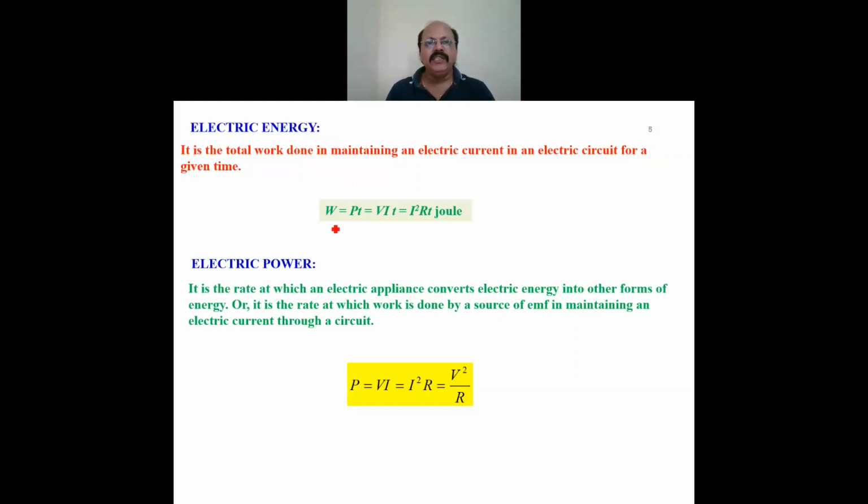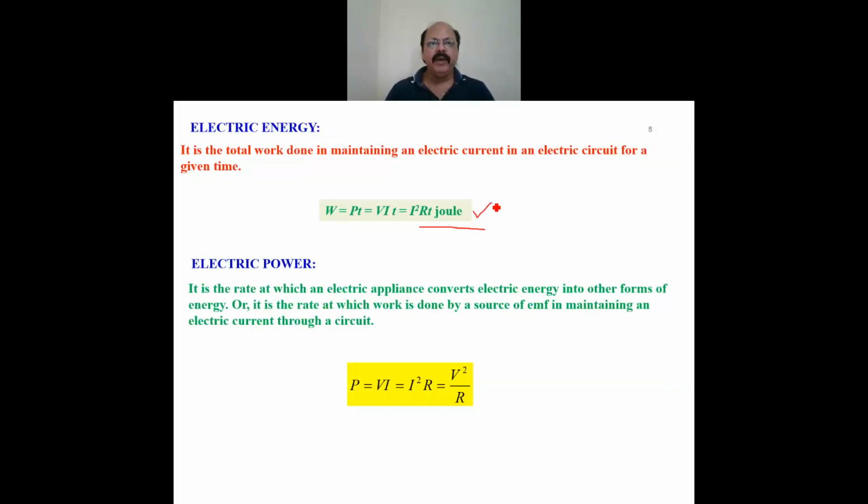So the formula is work done W equals P into T, where P is power, and P can be written in terms of voltage and current, P equals VI, so W equals VIT, and further V equals IR, so we can write it in terms of R, W equals I square R T. So this is electrical energy.